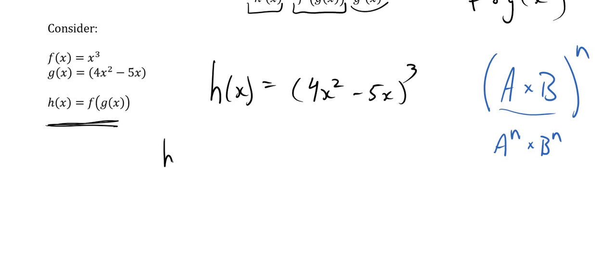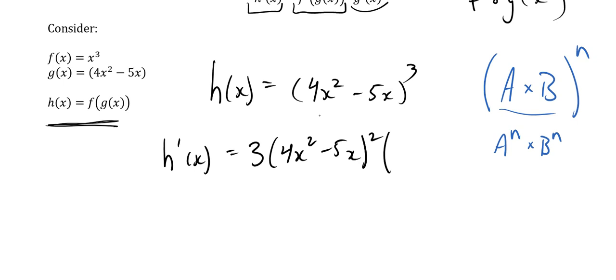So h prime is the derivative of f at x. So that's 3, take the exponent out front and keep the same thing in the brackets, and then subtract 1 from the exponent, n x to the n minus 1. But then the other part is times the derivative of g, right?